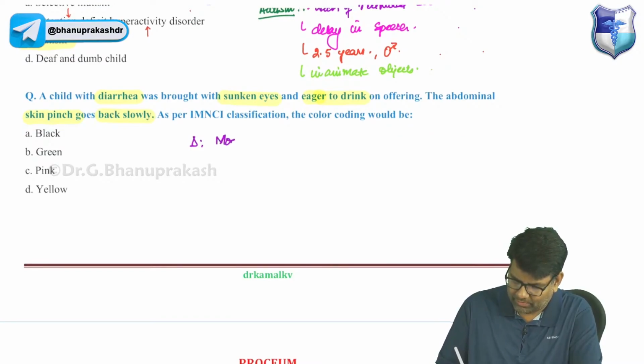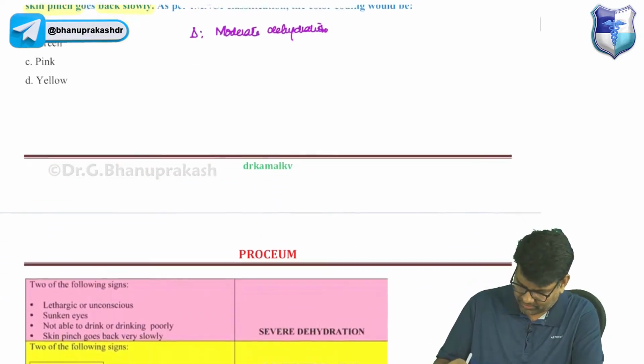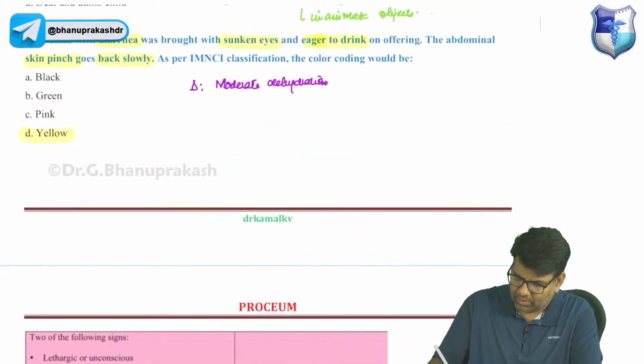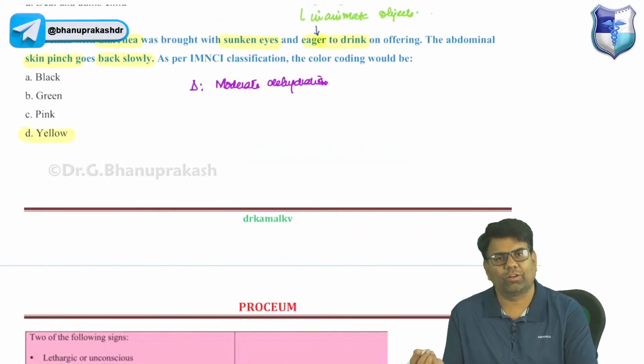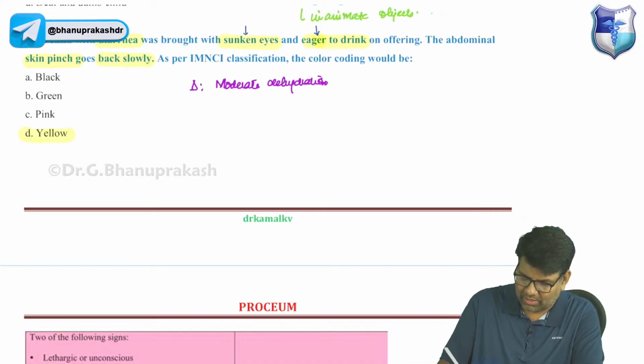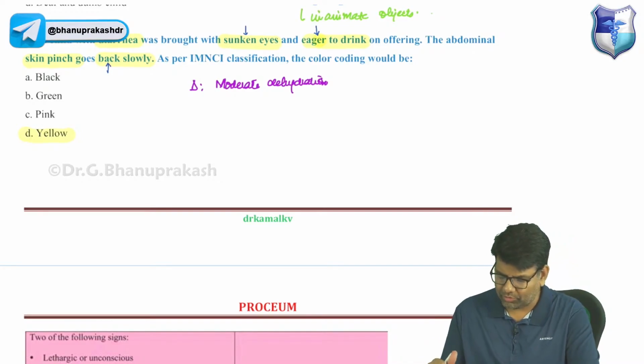Very good, moderate. And for moderate dehydration, the color coding is yellow, right? Here, the child is eager to drink. If you offer him water, he will drink. Eyes are sunken and skin pinch goes back slowly. So this is all moderate dehydration.